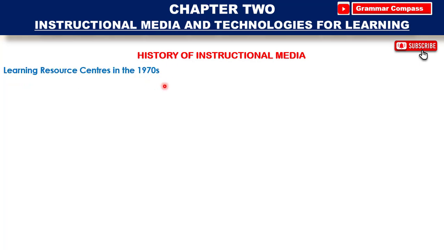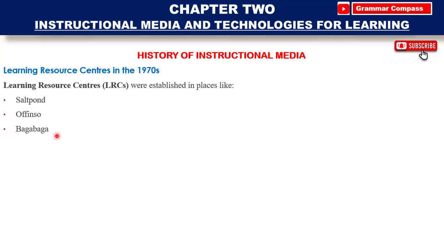So in the 1970s in Ghana, it was a time when Ghana was still strengthening its educational system, and one of the key innovations of that decade was the introduction of learning resource centers. So the centers were established in places like Salt Pond, Ofinso, and Bagabaga.